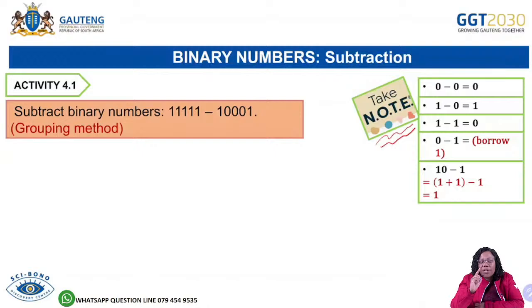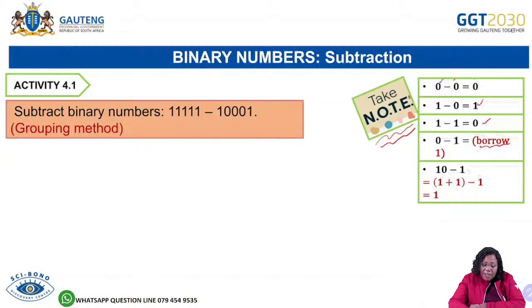When you talk about subtraction now, 0 minus 0 is 0, and then 1 minus 0 is 1, and 1 minus 1 is 0. When you have to subtract 1 from 0, 0 minus 1, you need to borrow. It is the same method that you are applying when you subtract decimal numbers. But when you subtract 10 minus 1, let's see what is happening now.